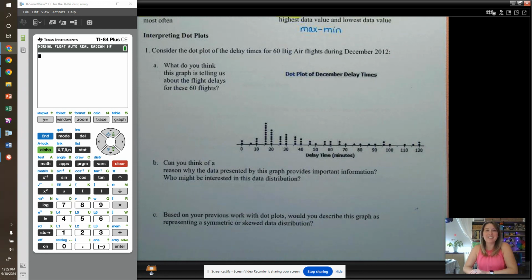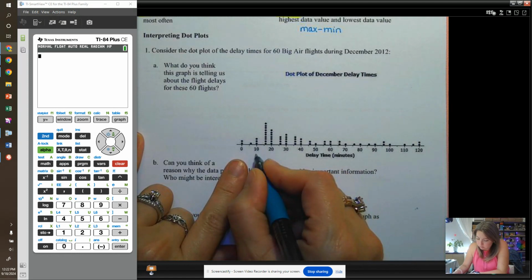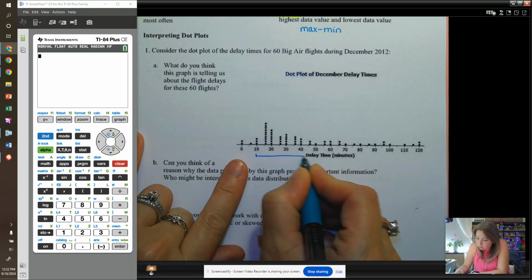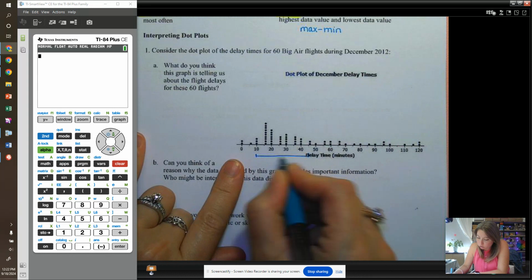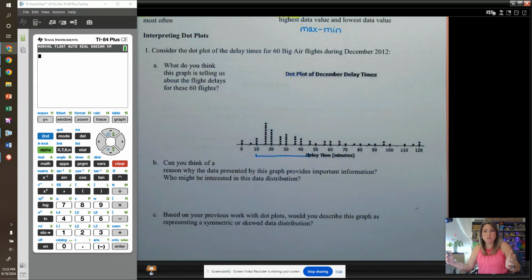And we're back. Let's consider, what do we think the graph is telling us about the flight delays for these 60 flights? So the graph is telling us, well, we had a lot of delays. If we look just visually, we are really drawn to a lot of delays between 10 minutes and like 45, 50 minutes, even 0 to 60, right?